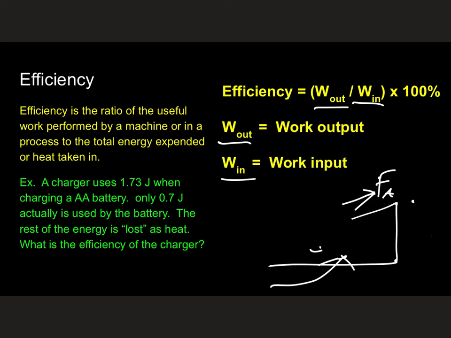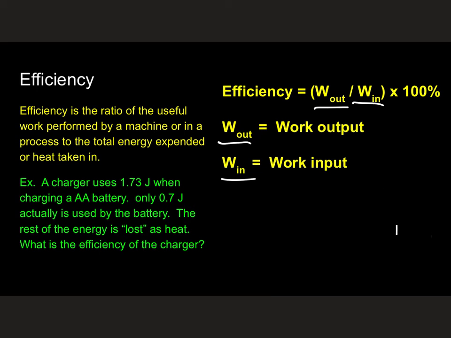Now, that's just one example of a simple machine, but it's used for all kinds of things. I have an example here of batteries being charged. If you're not familiar with rechargeable batteries, like AA type batteries, that's fine. Think about it as your cell phone battery. It's a rechargeable battery. So you use a charger, and it uses 173 joules when charging a AA battery.